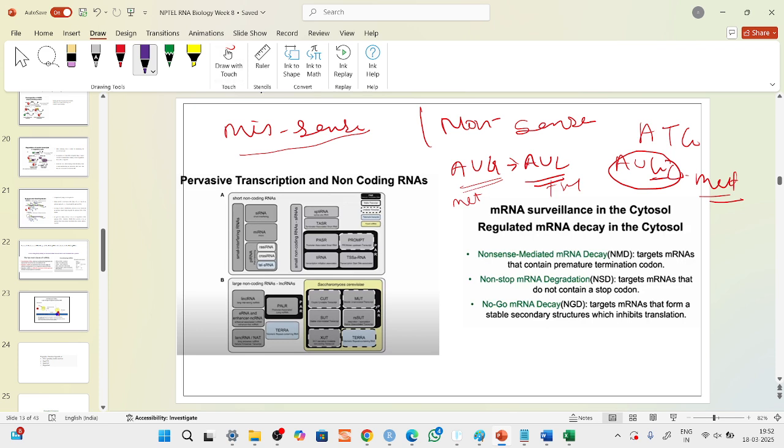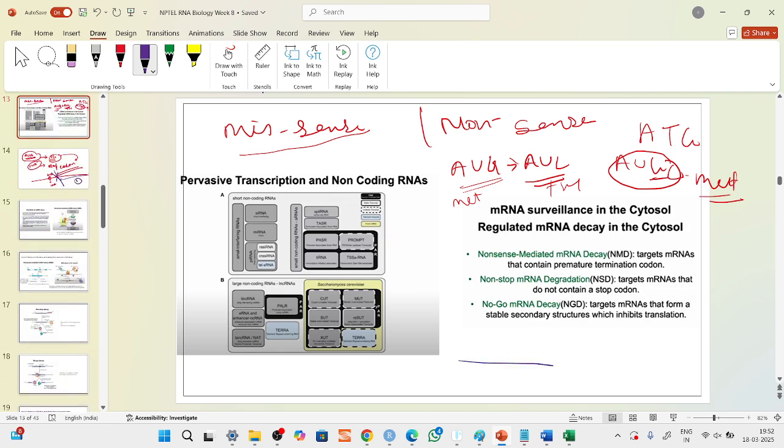Then you have no-go mRNA decay. What is the meaning of no-go mRNA decay? It targets those mRNAs that form stable secondary structures which inhibit translation. Suppose this is your mRNA, and this mRNA forms a structure like this.